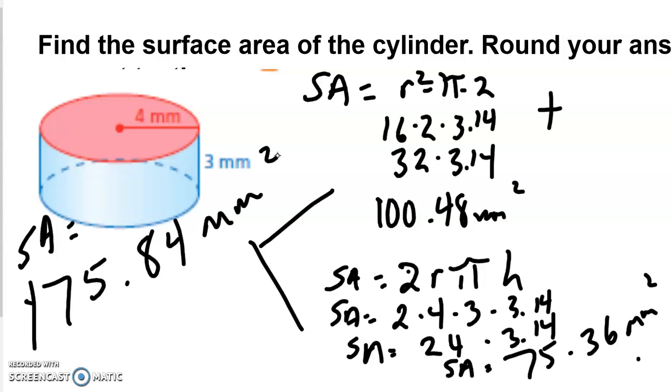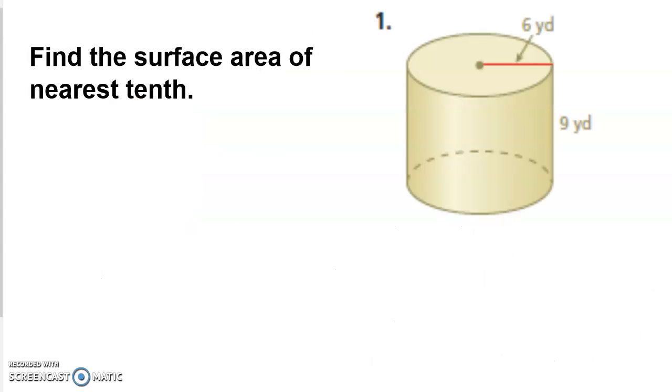Sweet. Let's try another one. Okay, so we're going to ignore this 10th part just in case we need to. So we still want to do our same formula. Okay, off we go. So we're talking the radius squared times 2 times pi.